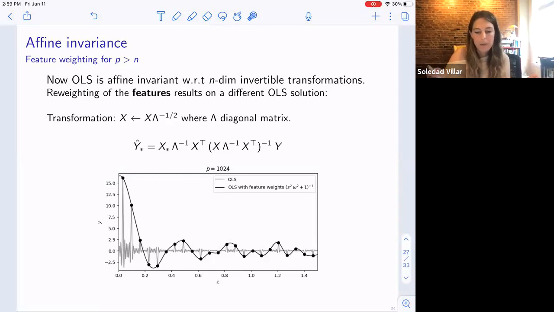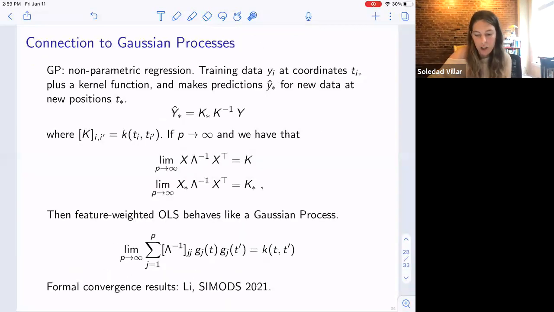That has been analyzed in some of the papers by Rachel Ward. So basically the reweighting of the features gives you a smoother form of interpolation.